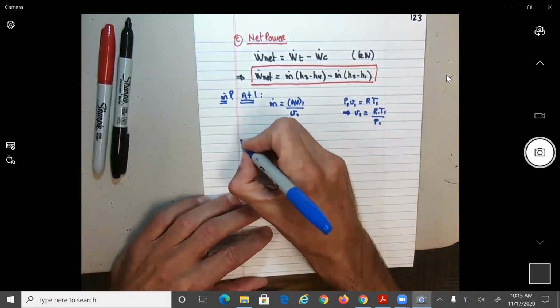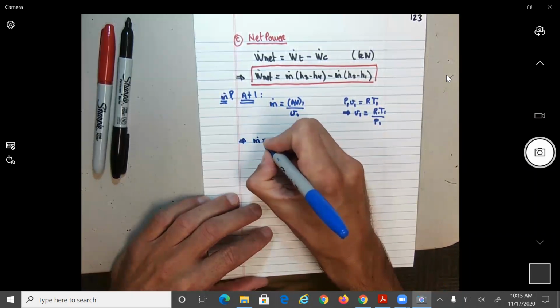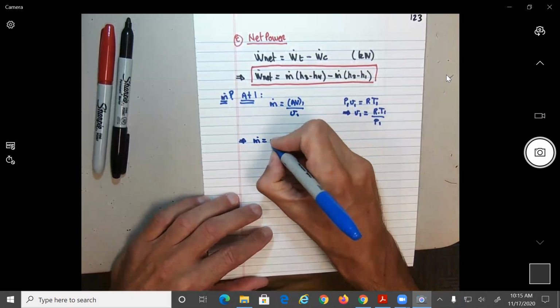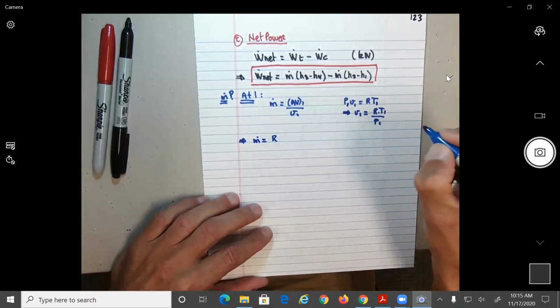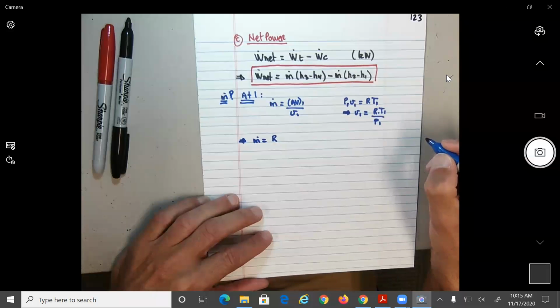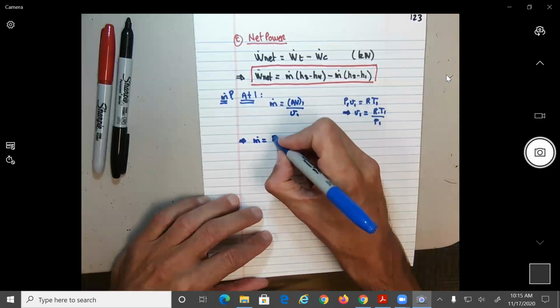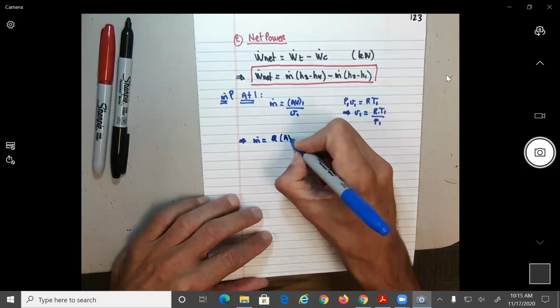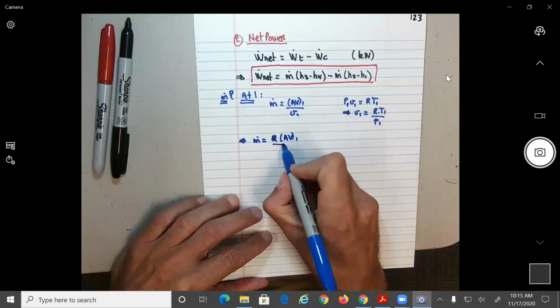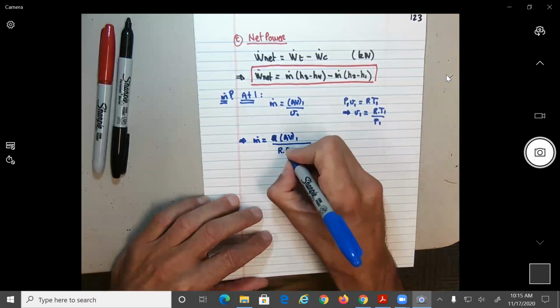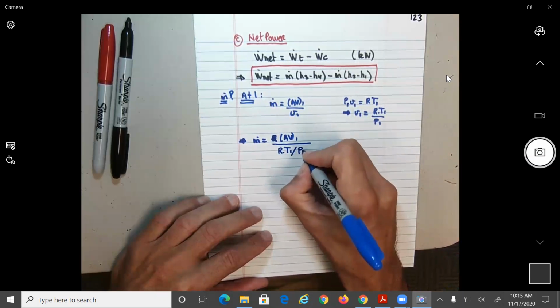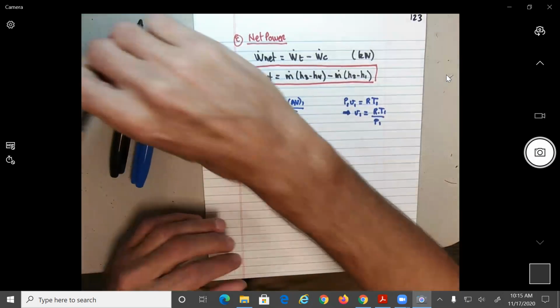So this will mean that M dot will be equal to AV1 divided by R times T1 divided by P1.